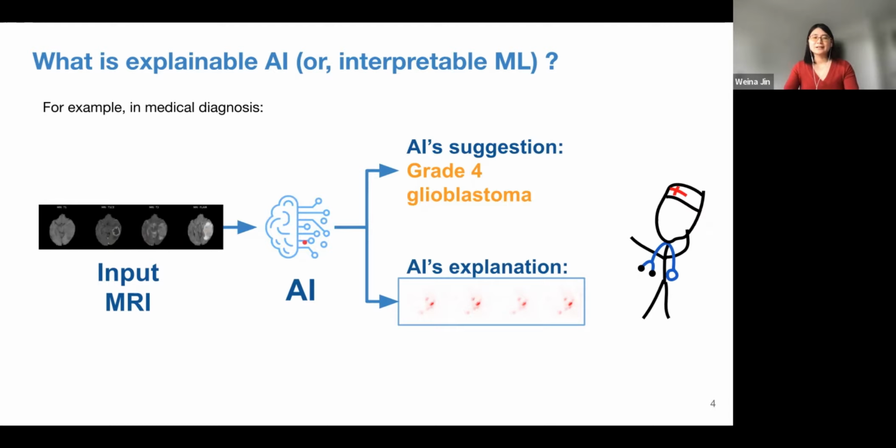So this is one form of explanation. And we can hypothesize that maybe after this, the doctor will be more likely to take the AI suggestions based on their prior knowledge, and may also easily identify some potential errors if there's some problem with the explanations.